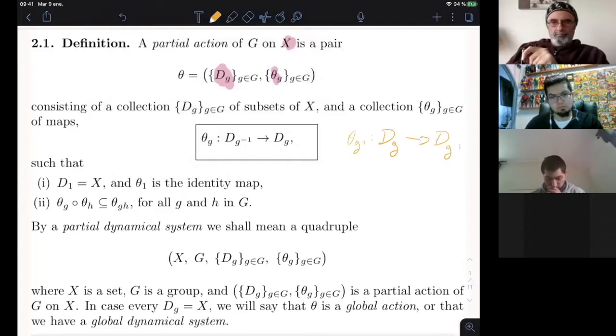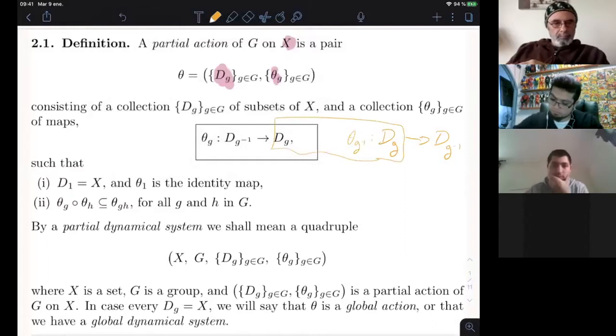So we have immediately a nice property implicit here, where we can compose θ_g with θ_{g^{-1}}. But we need another property if we are going to work with other elements of the group.